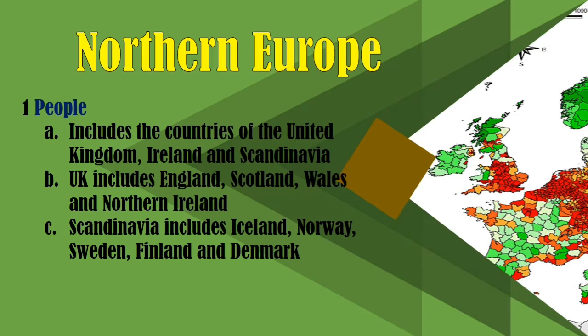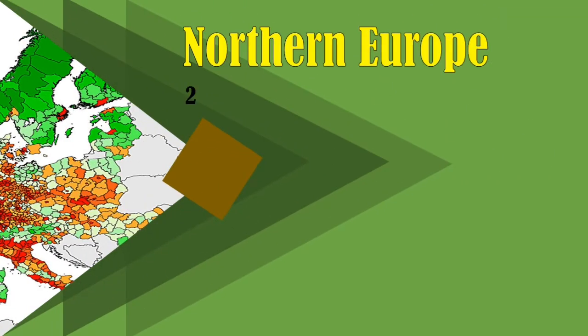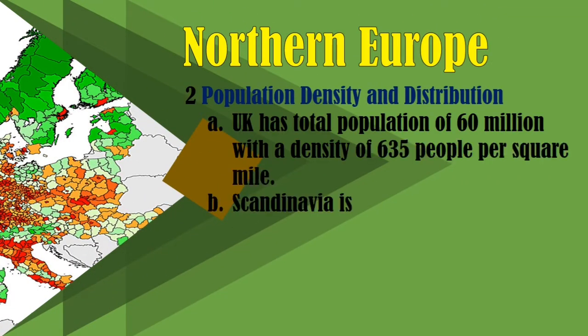The United Kingdom, of course, includes the countries of England, Scotland, Wales, and Northern Ireland, while Scandinavia includes Iceland, Norway, Sweden, Finland, and Denmark. Now let's proceed with the population density and distribution.